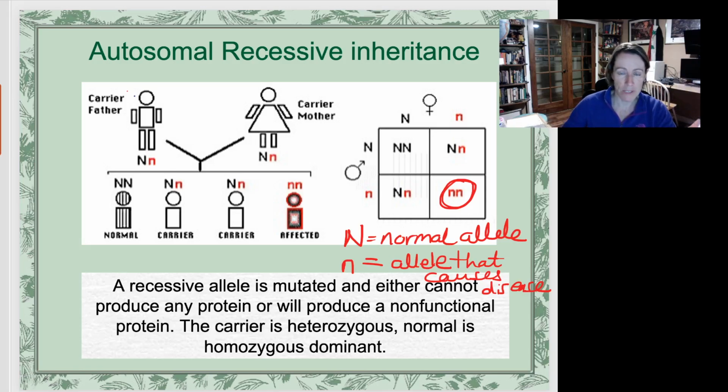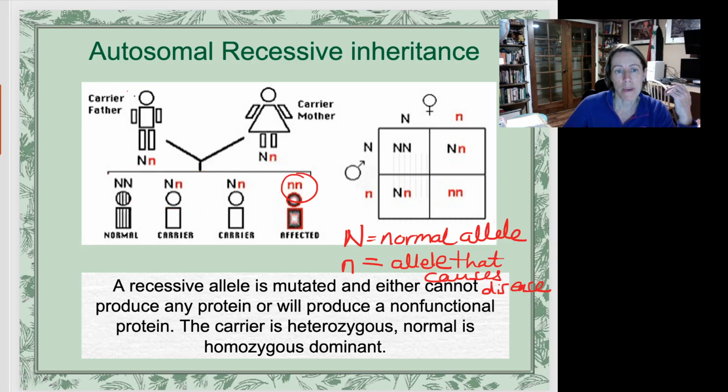They both don't have this disease. They might not even know that they carry the disease. When they have kids, there's a 1 in 4 chance that any one child will end up with the 2 little n's and would have the disease. So all these kids are going to be normal, and this one is going to be affected with the disease.